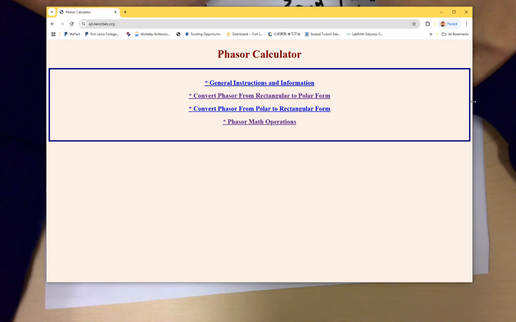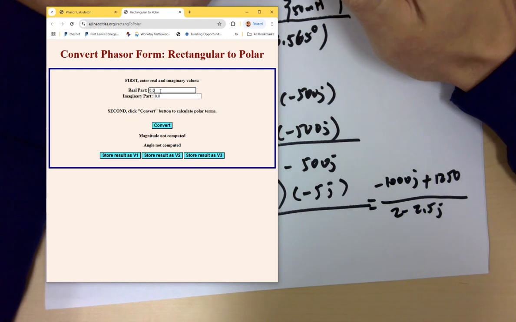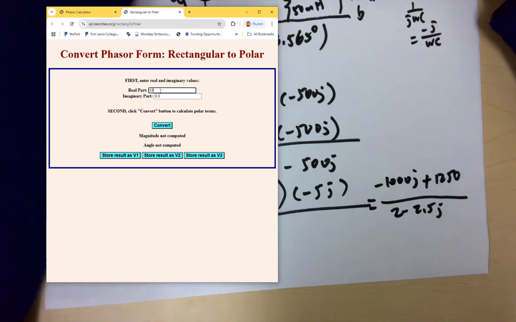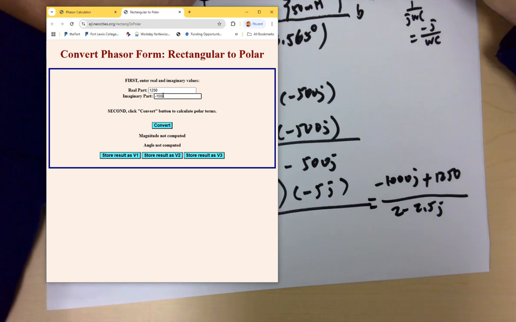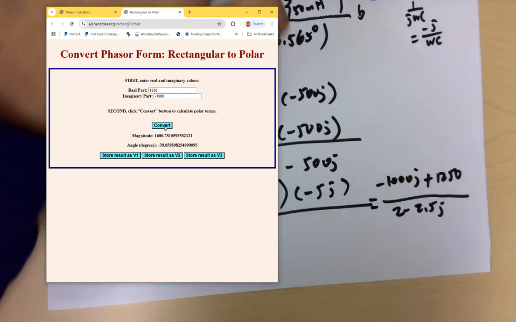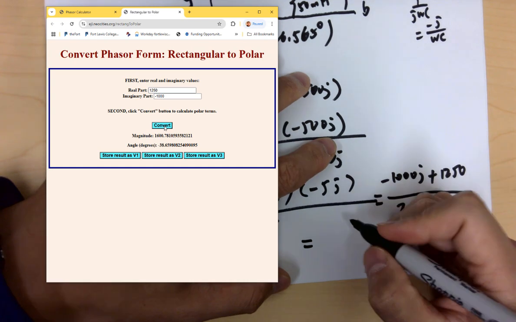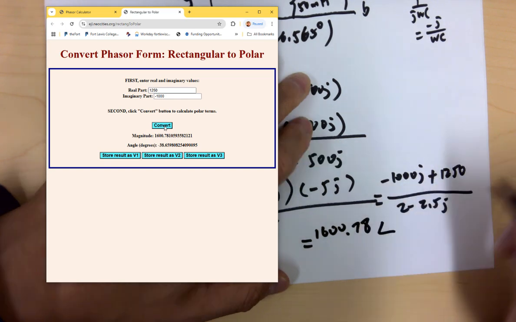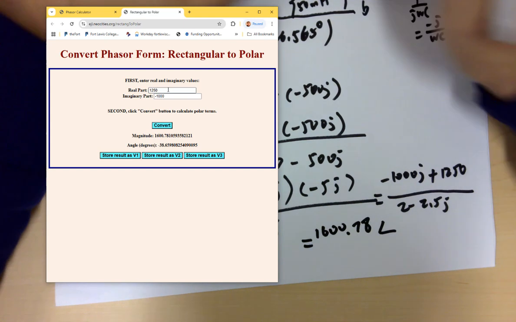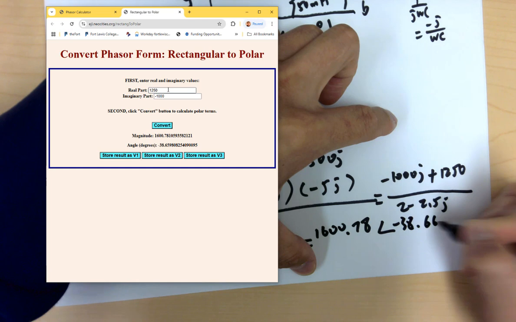Okay, so we're here. If you look at this one, this is a rectangular form, right? Let's do a rectangular form to polar conversion. This is the real part, this is the imaginary part. Convert. So on the top, it becomes 1600.78, and the angle is minus 38.66.